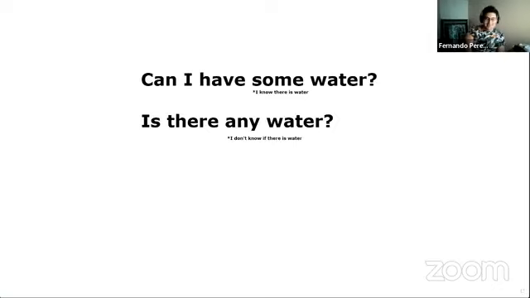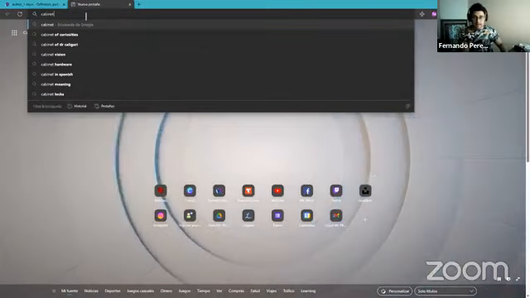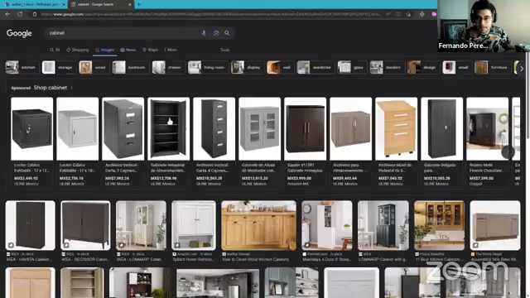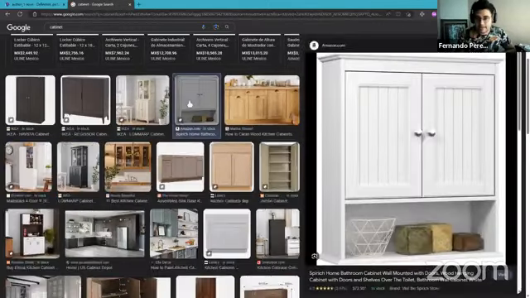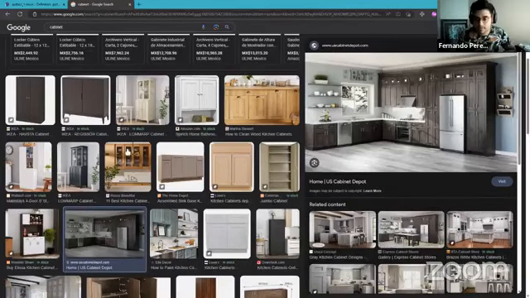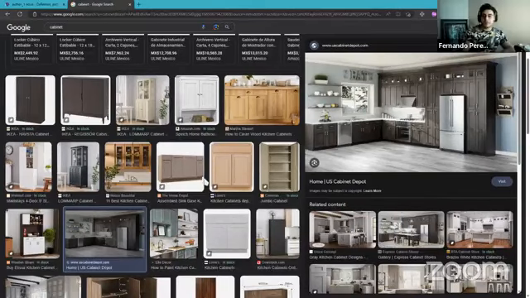You don't know cabinets? Let's go to the thing. These are cabinets. Kitchen cabinets. What is the difference between cabinet and cupboard?